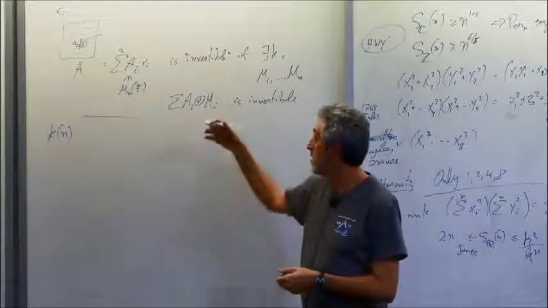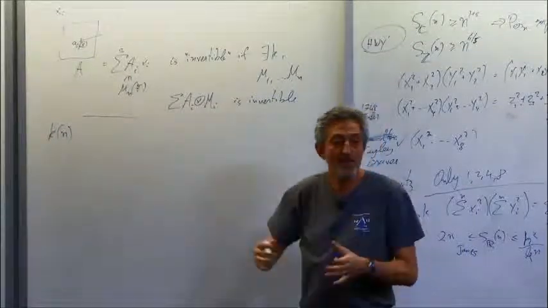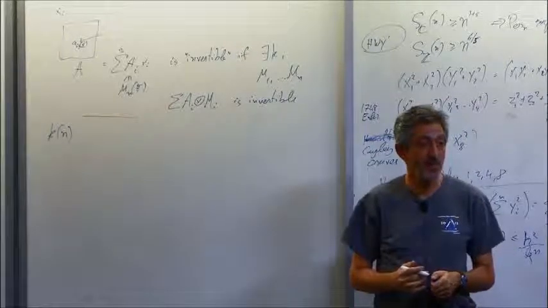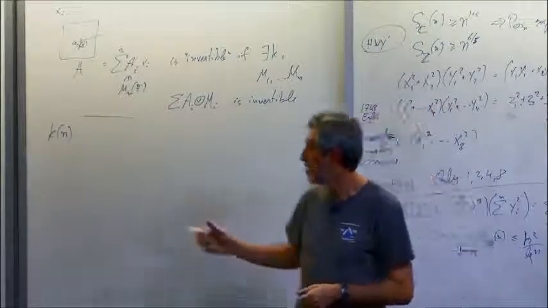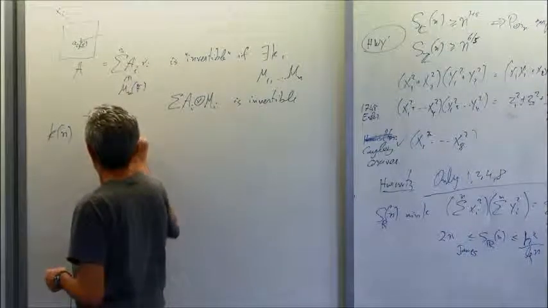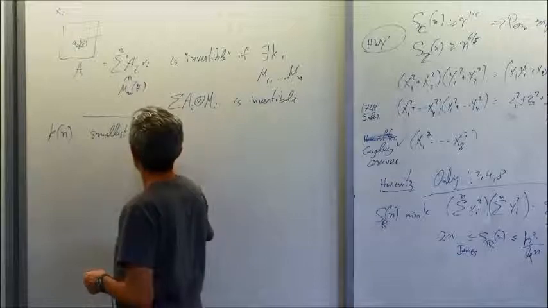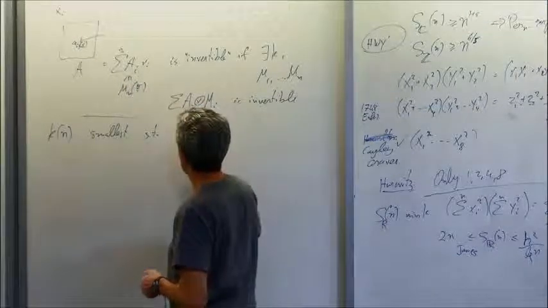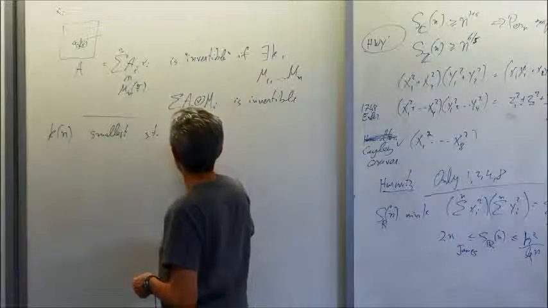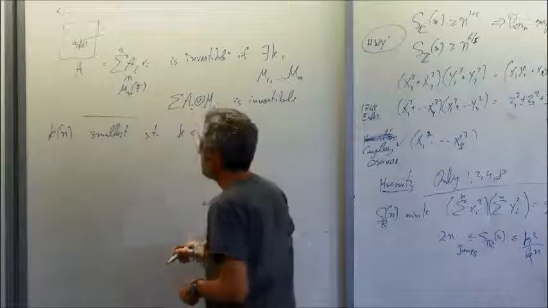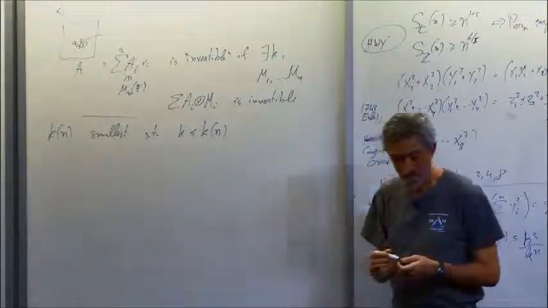And what we want is an upper bound. If a matrix is invertible, we want to say it can be done with matrices which are not that large, given n. So k of n is the smallest integer such that whenever the premise is true, we can take some k which is at most k of n, so there are always matrices with this small k.